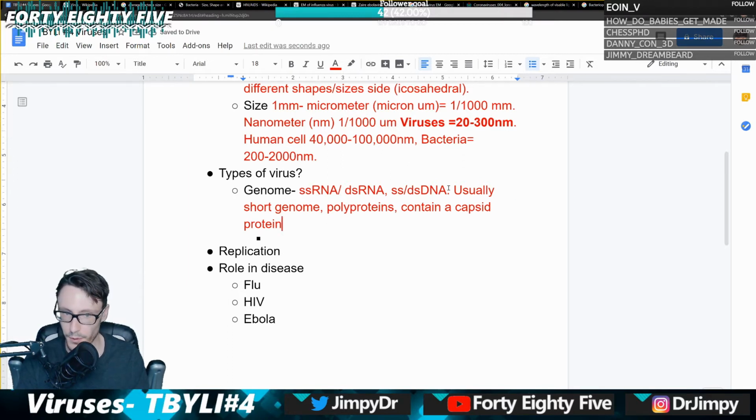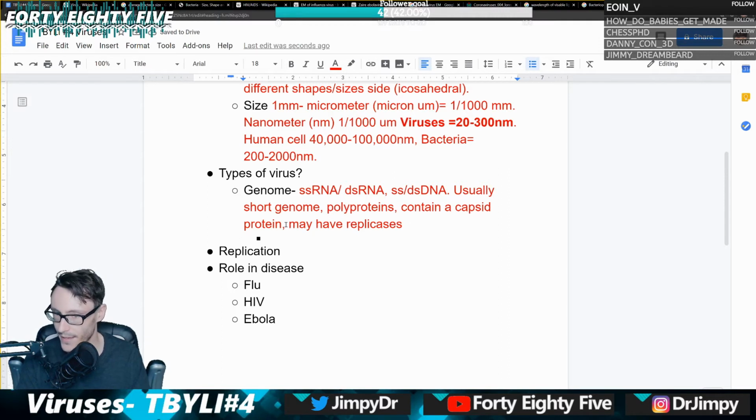If you want to make more viruses, then you're going to need to make more capsids, or the cells are going to need to make more capsids. They may have proteins that enable their own replication. They may have replicases in there.